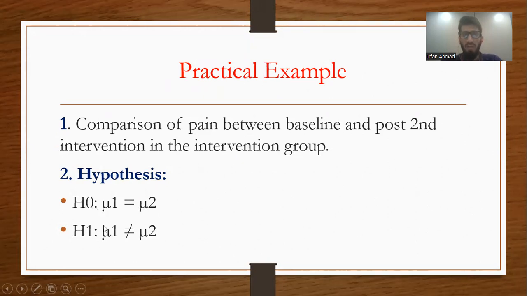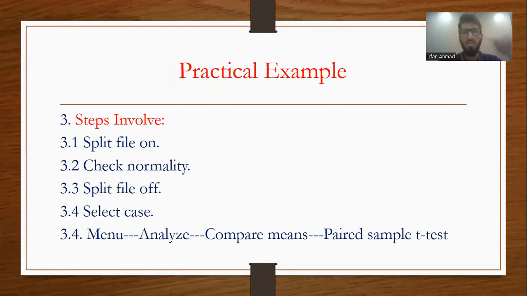The alternative hypothesis is that pain at baseline is not equal to pain at post second intervention, so pain at baseline is different from pain at post second intervention. So first we define the research question, second we define the research hypothesis, and the third step is to check your hypothesis by using SPSS.